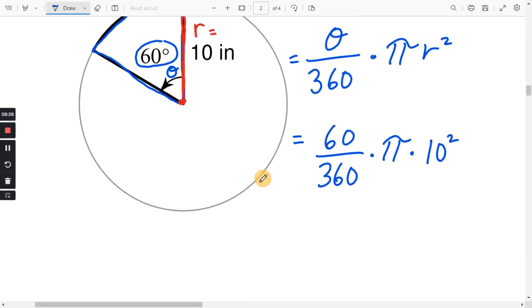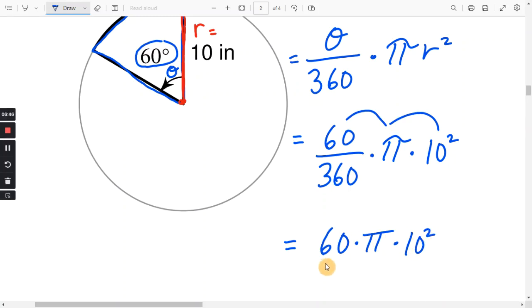Now, just like last time, I'm going to rewrite. You don't have to, but these terms are in the numerator, multiplied by this numerator. So I'm going to write 60 times pi times 10 squared.